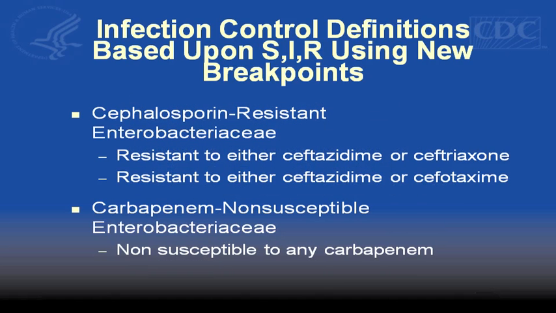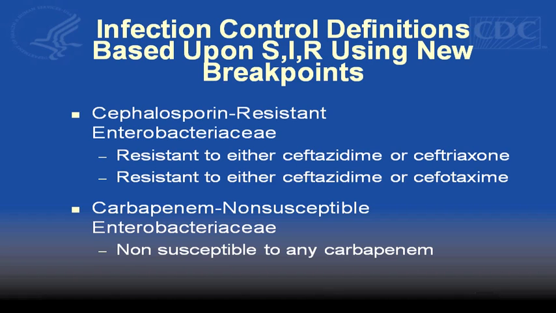What I would propose is that you could use susceptibility results to make infection control decisions. And I'll tell you some proposed definitions for identifying isolates. Now, these would be definitions used with the new breakpoints. So this is when you've implemented the new breakpoints, but you're no longer using the ESBL confirmatory test or the modified Hodge test for making treatment decisions.